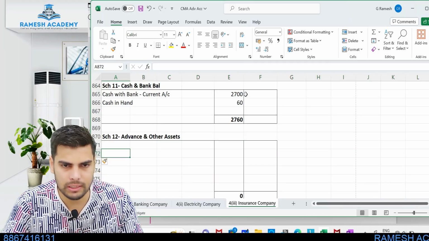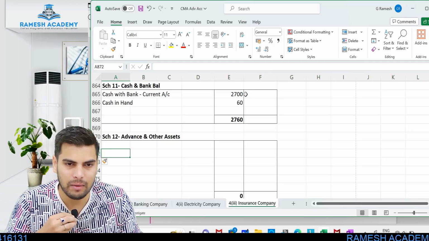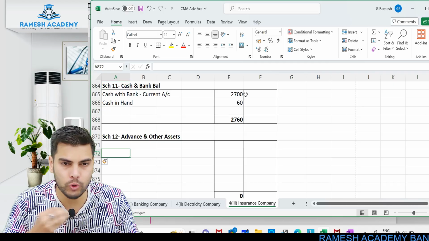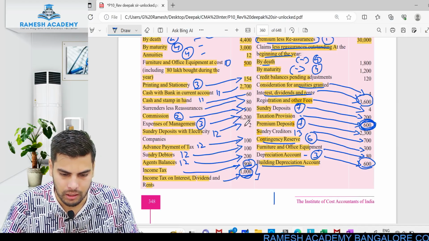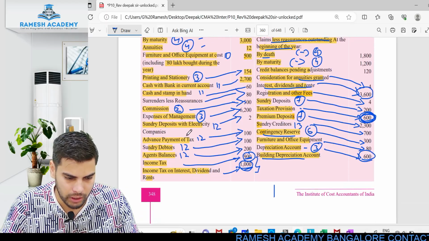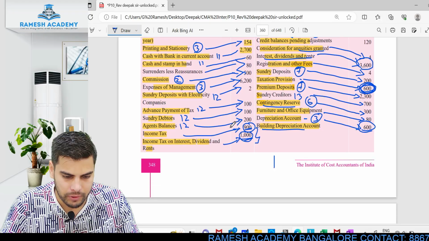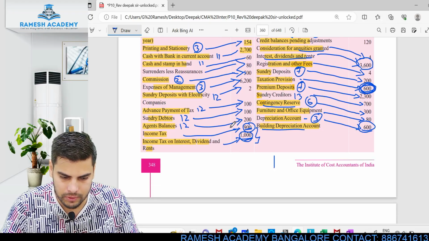All these things you'll be showing over here, like any amount which is receivable, dues from the companies, and other things. Here we have got sundry deposit with electricity company.